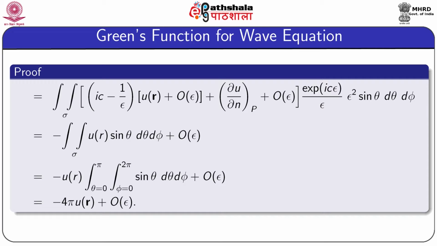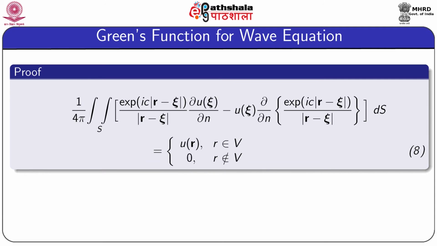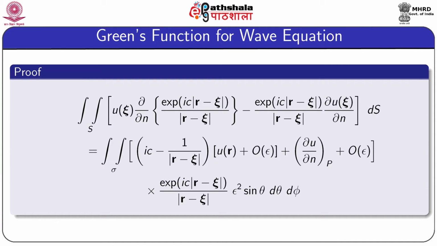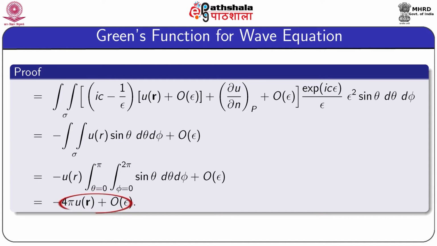So, if we take epsilon tends to 0, we can get the left hand side of the integration in this term. The left hand side is the surface integral over S, and the right hand side we just obtained, its value is minus 4 pi u plus order of epsilon terms.